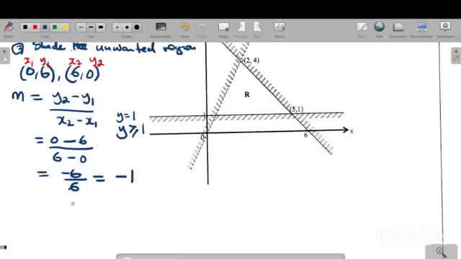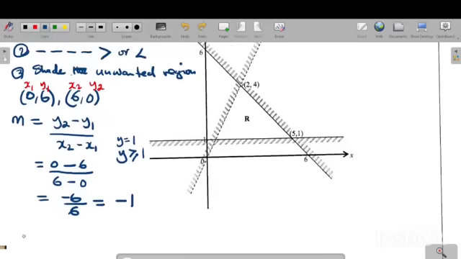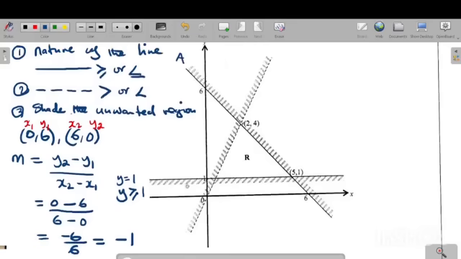Now that we found the gradient, m, to be equal to negative 1, you need also to pay attention to the point at which this line is crossing the y-axis. This point here is called c.